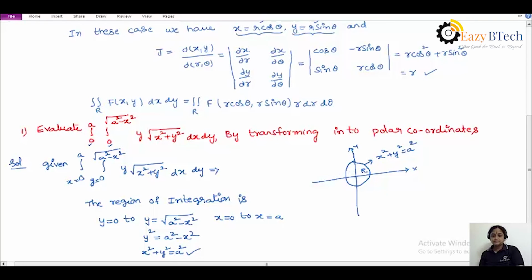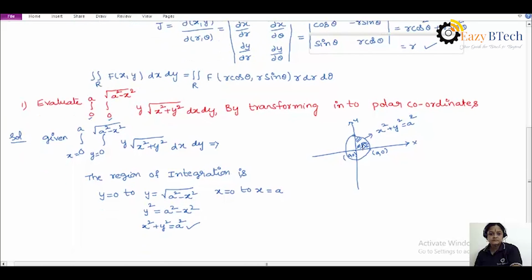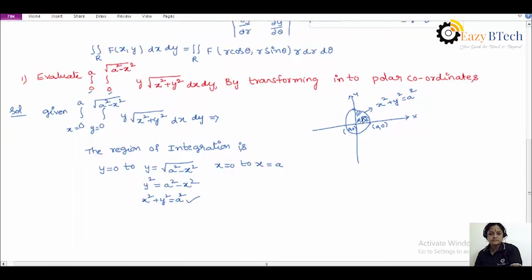Here the point is 0, 0; on the x axis the value of y is 0 and the radius value is a, and on the y axis the value of x is 0. Then it is the required region here. Okay students. Now we have to change Cartesian form to polar form here, because the question is in Cartesian form.